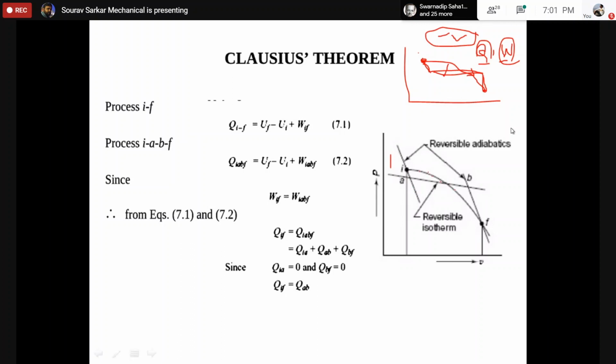Yes, I am accepting that I am not following these intermediate points, but I am following a different set of intermediate points in such a manner that the heat transfer during I to F and the heat transfer from IABF remain equal. The work transfer during I to F and during IABF will remain the same. So I cannot make it exactly equal, but somehow I try to keep these global quantities, Q and W, the same as the previous process.